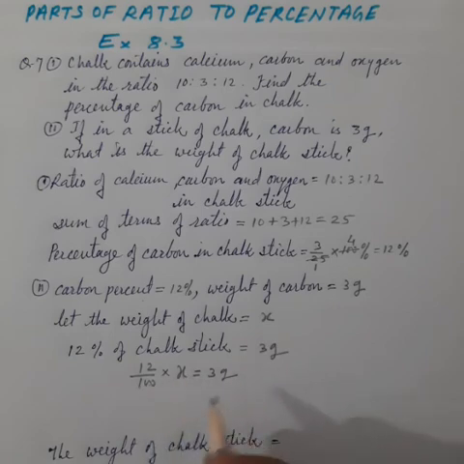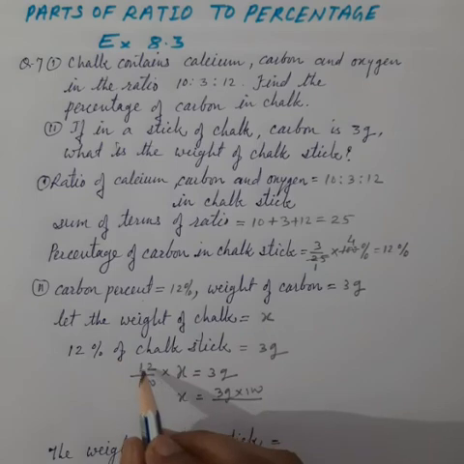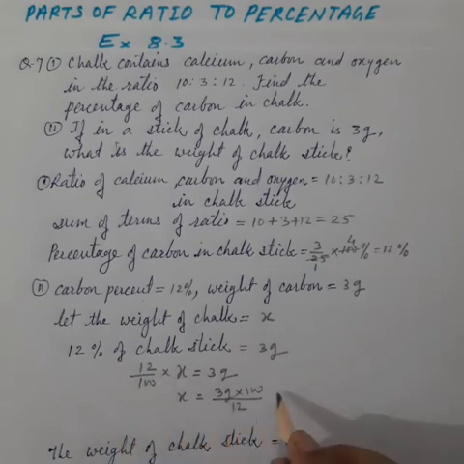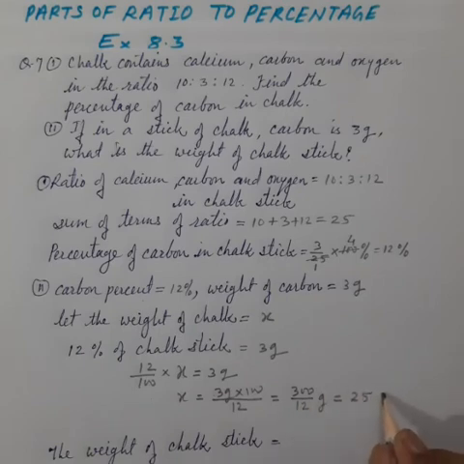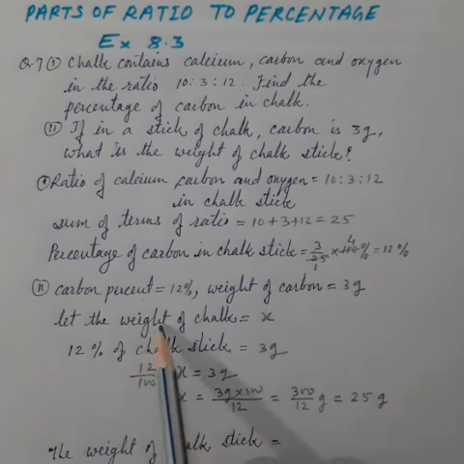This 100 will go in the numerator on that side. 3 grams into 100, and this 12 in the denominator. 3 into 100 is 300, divided by 12. This is grams. 12 25s are 300. So 25 grams. The whole quantity of chalk, or the weight of the chalk stick, is 25 grams.